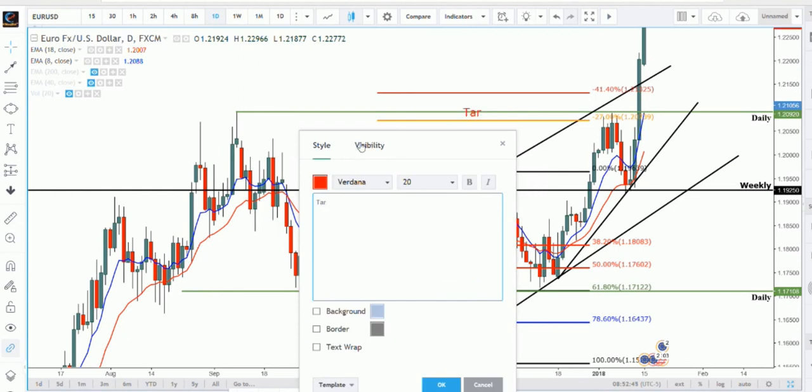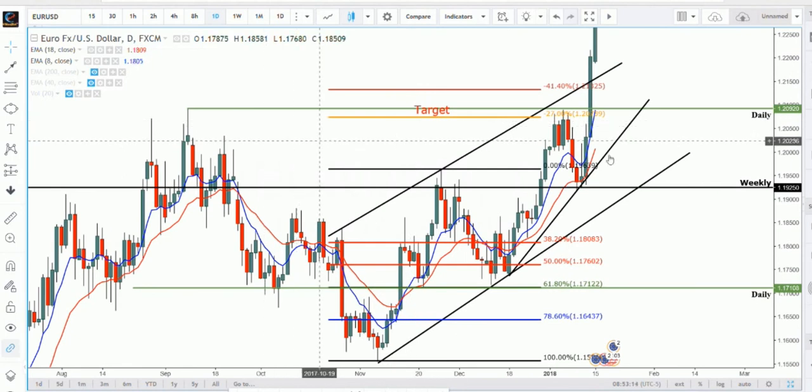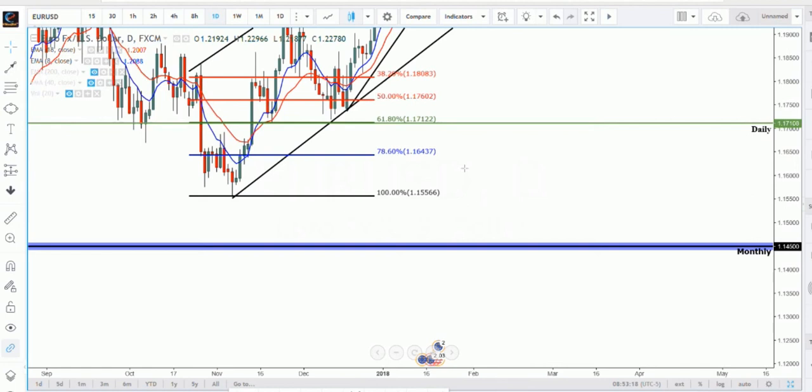The target is the 127 negative fib extension. This is 127% of this entire movement. From this A point it is basically 127%, so this pullback is 127%. So it's used as a target. I could just pull up a blank screen really quick.